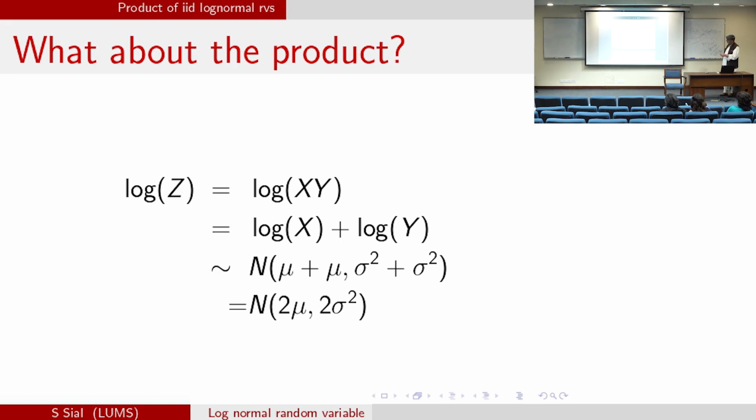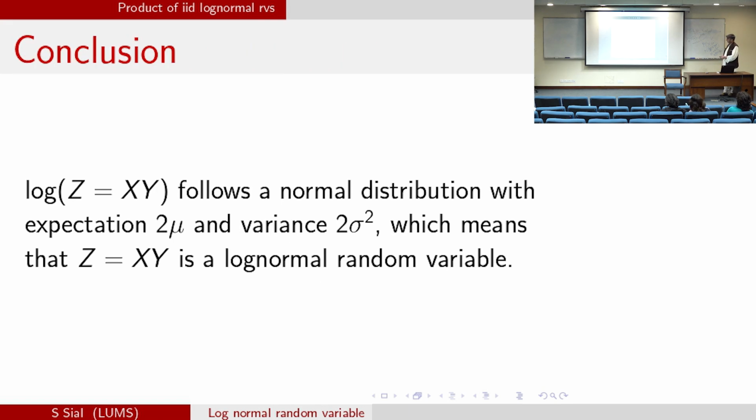So the log of the product is a normal random variable, which means that the product itself is a log normal random variable.